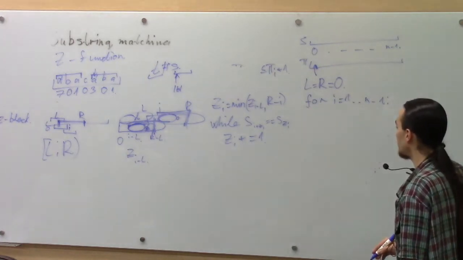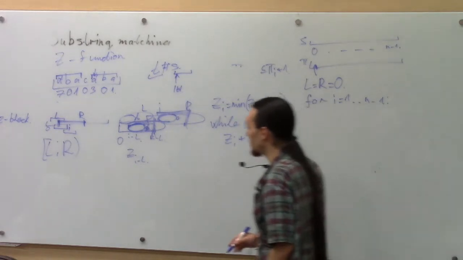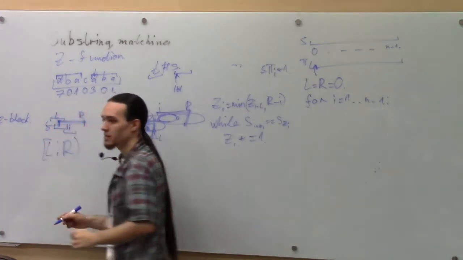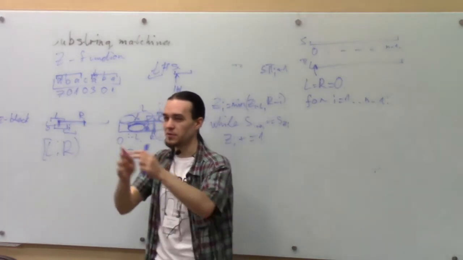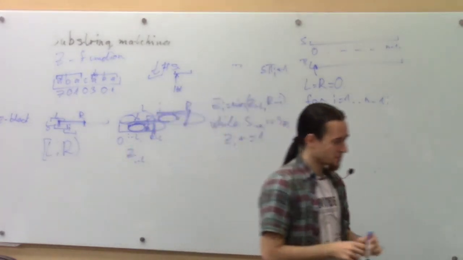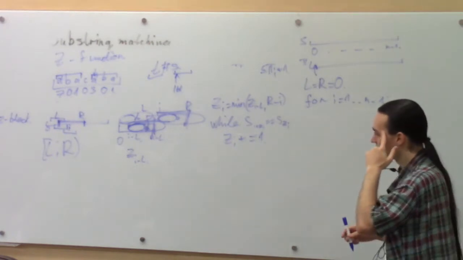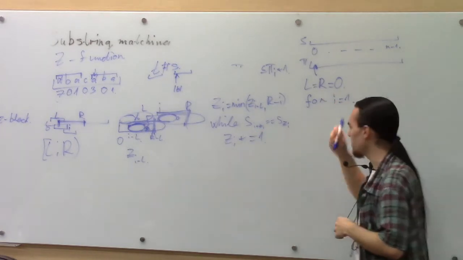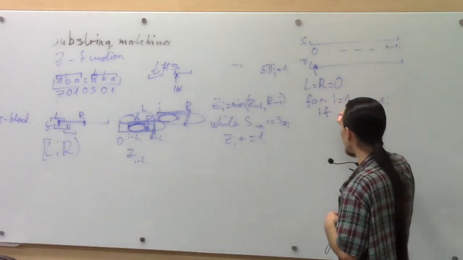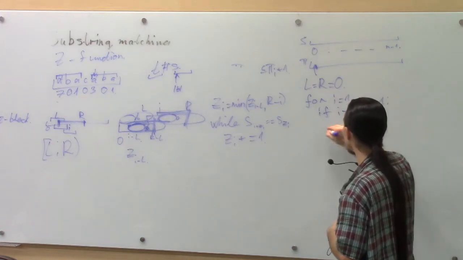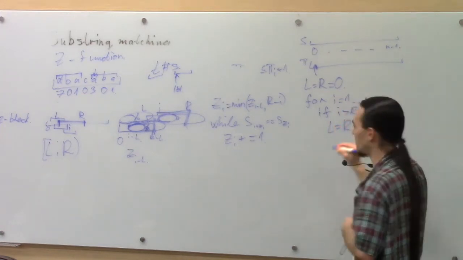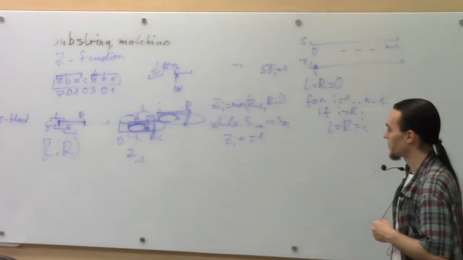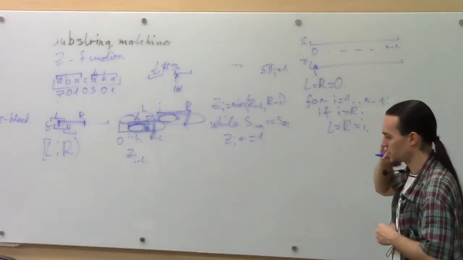First of all, there are cases when there are no Z blocks that cover our position. For example, if there is a new character, then there is no Z block that covers the position. If that happens, we still want our index to be inside the range. So if i is greater than R, we say that L is equal to R is equal to i, just so we don't do nonsensical things when i is outside of the range.